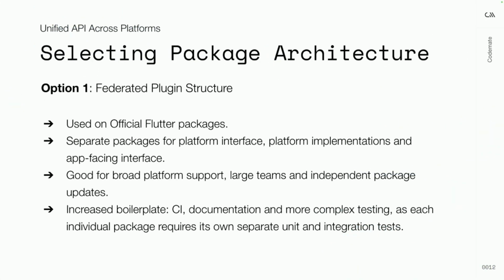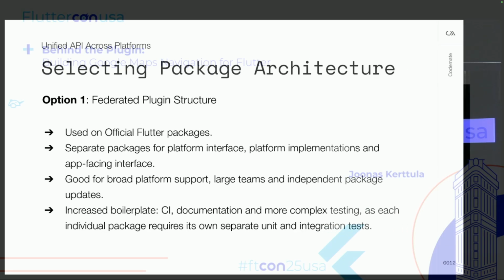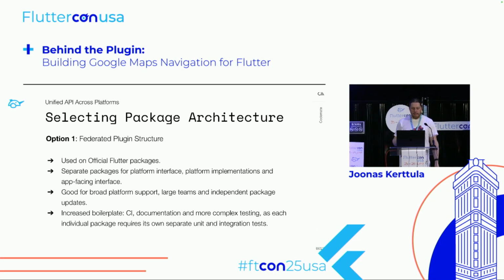So, how we started the package architecture, we had a few choices. A federated plugin structure was our first option. This is used by official Google plugins, and it allows separating the package into a platform interface, platform implementations, and an app-facing interface and API. At minimum, our project would have had 5 different packages.